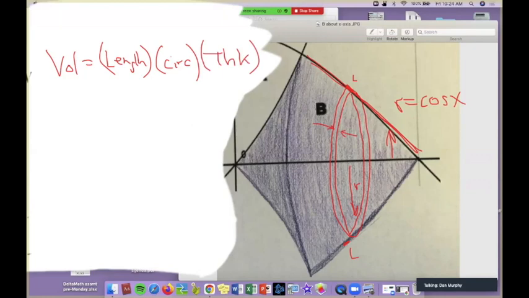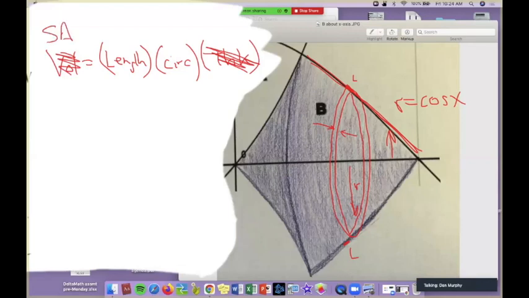All right, so ballpark, oh, and my apologies, I shouldn't have written volume there. Hold on. No, I apologize. There is no volume to this. This is the surface area.